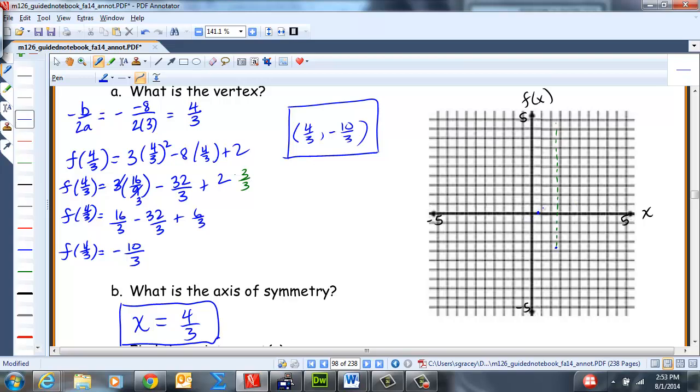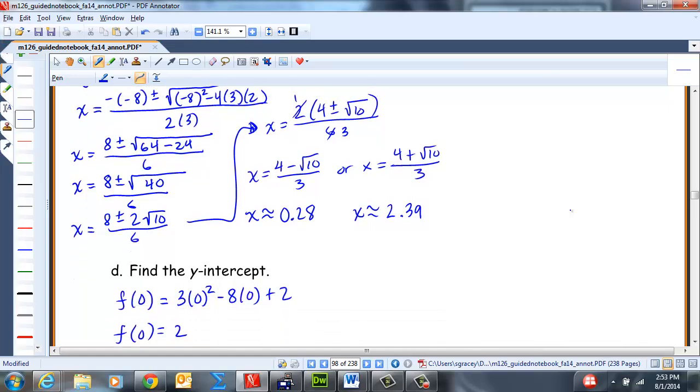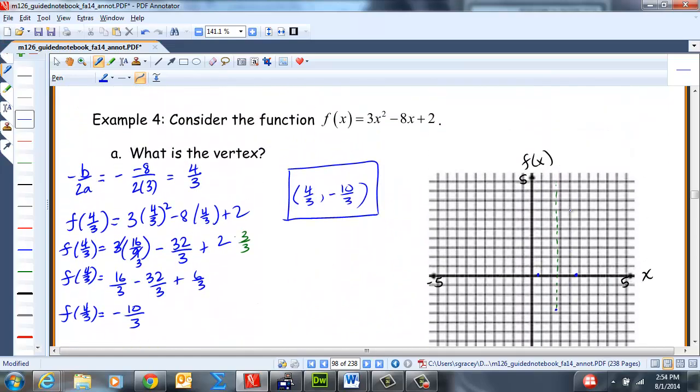And then about right there. And then our y-intercept was going to be at 2. So 1, 2. And by symmetry, this is 1, 2, and third.